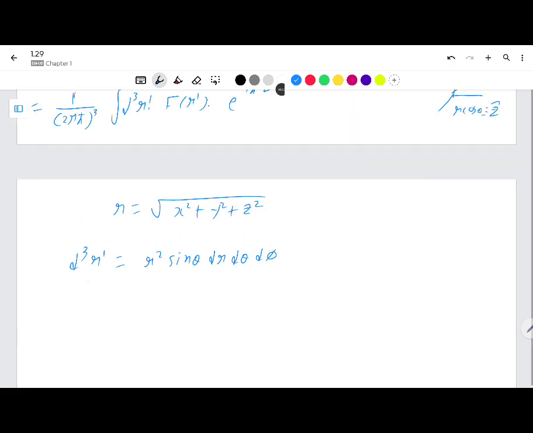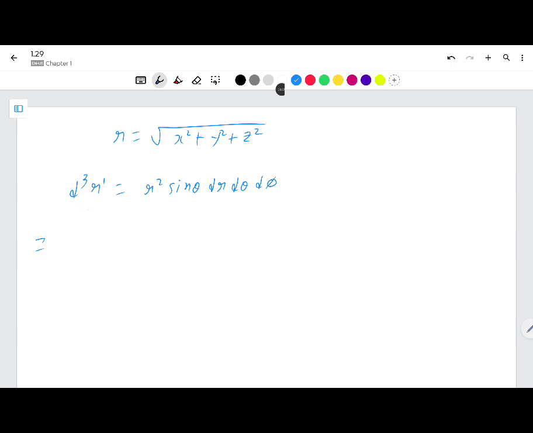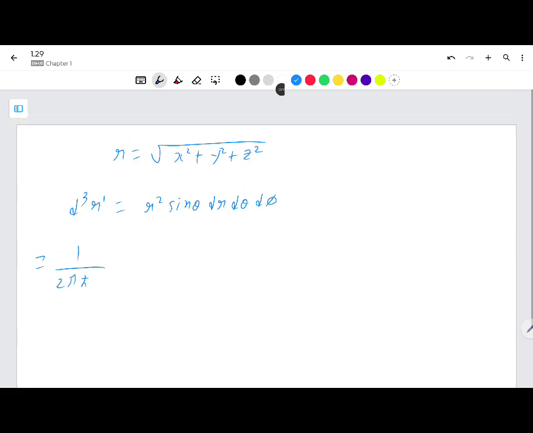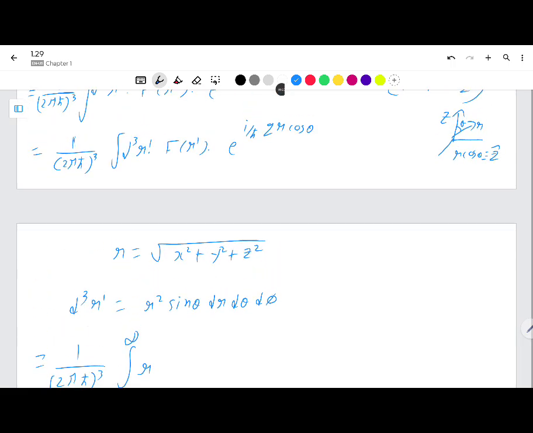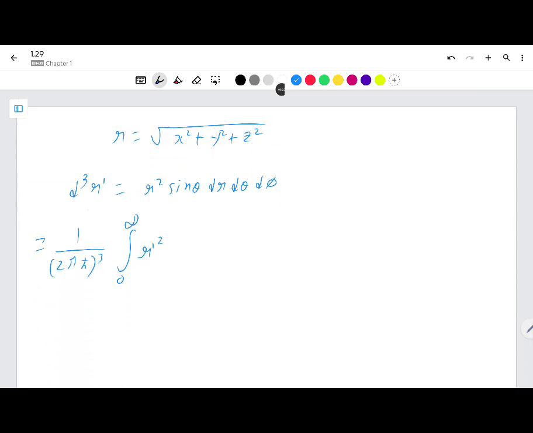So we can divide this into three portions. This r squared dr of r, and there is 0 to 2 pi d phi.